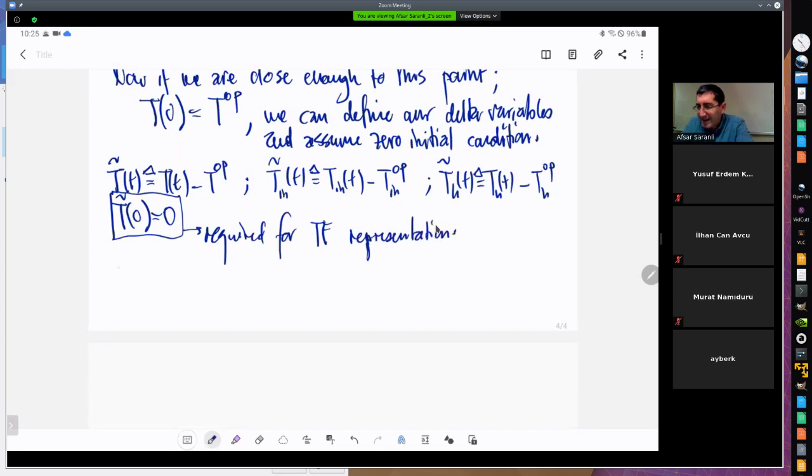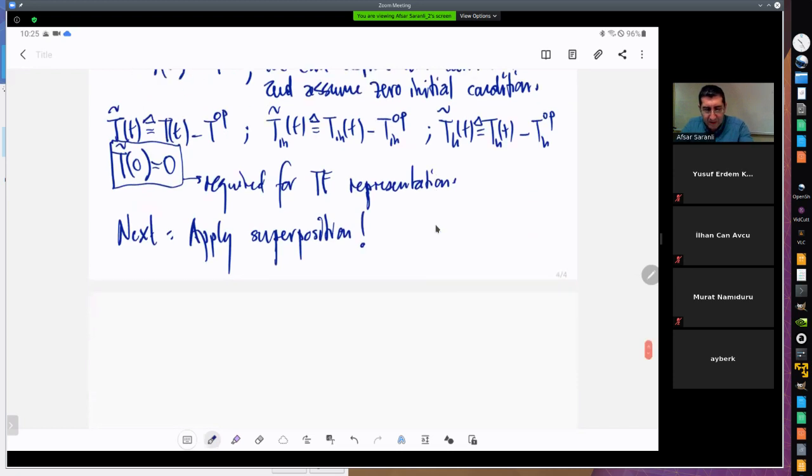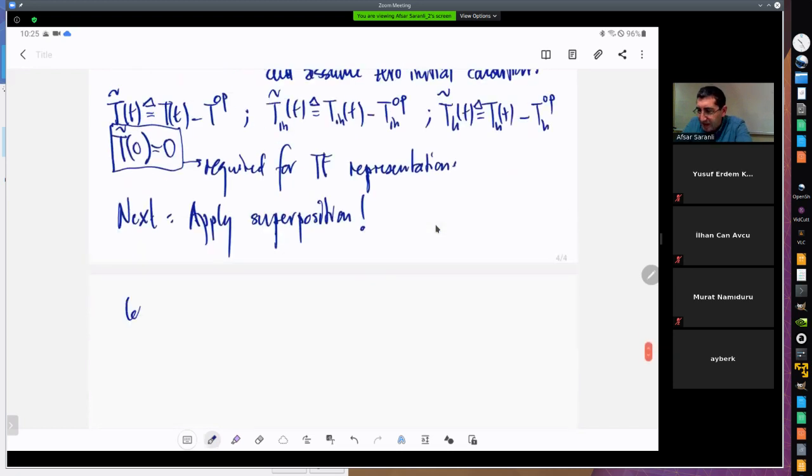Next, let us apply superposition so that we can consider each input separately. So that means we let T in tilde of t equal 0. That means T in of t is not actually equal to 0. It is equal to its operating value.